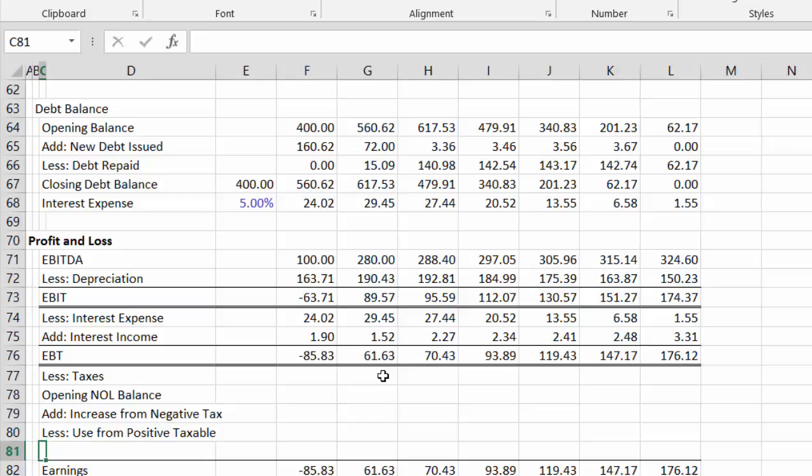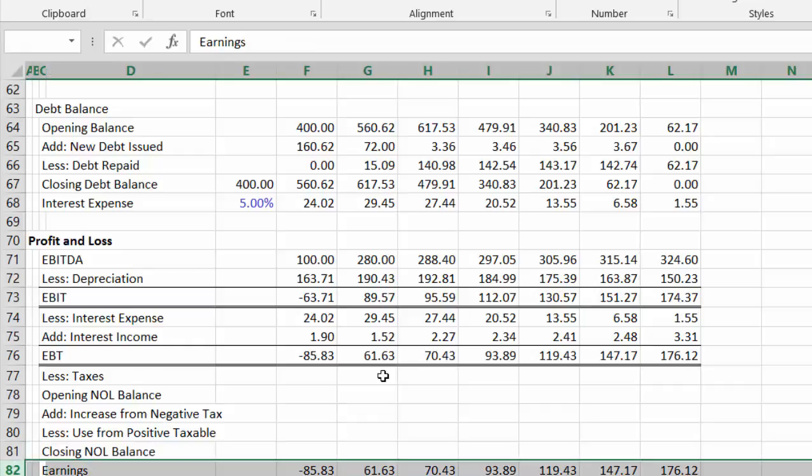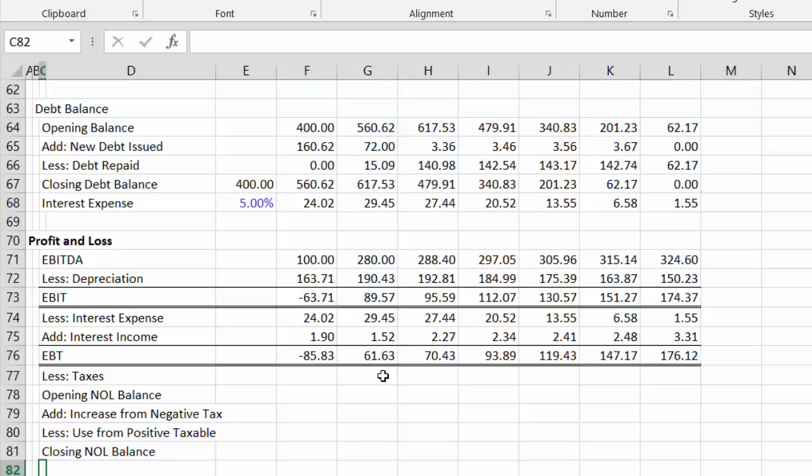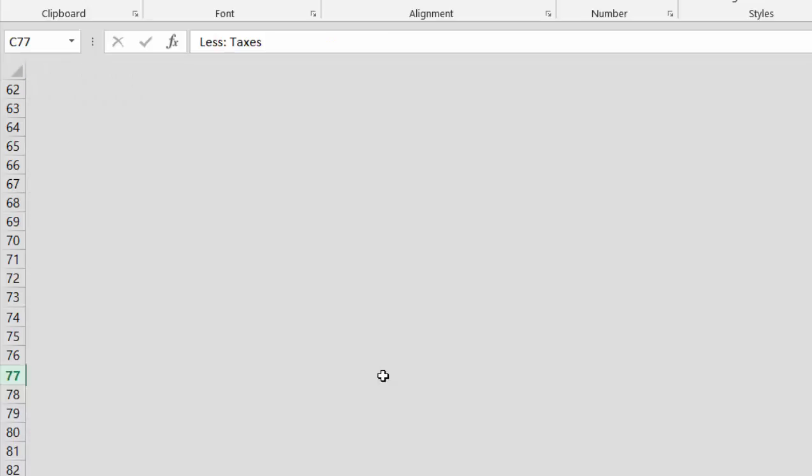It should be taxable income, and then we have a closing NOL balance, and then we can have less taxes paid. We also could compute some deferred taxes on this one.